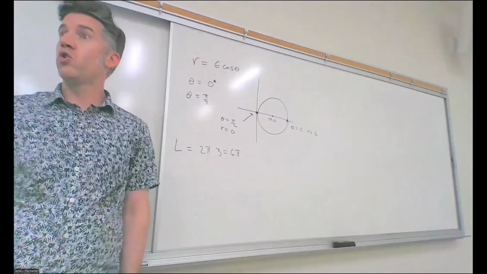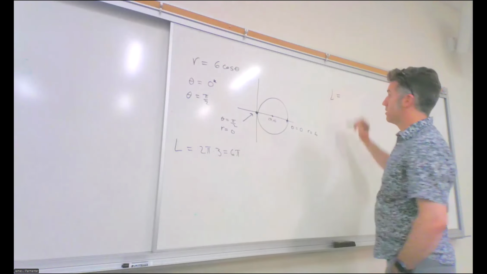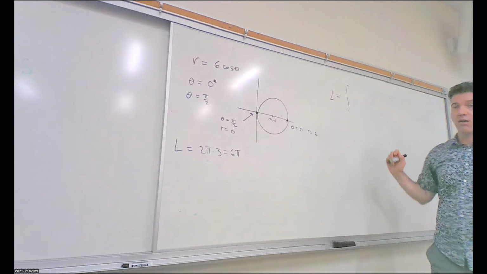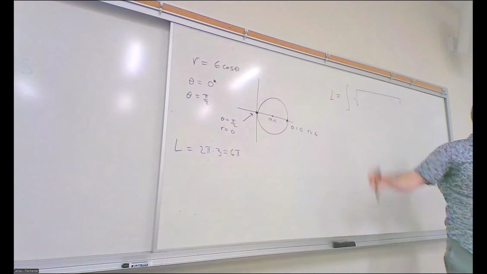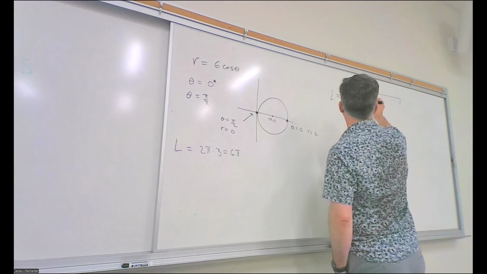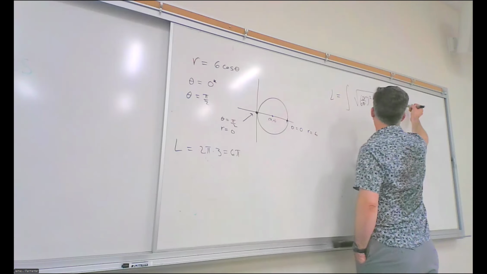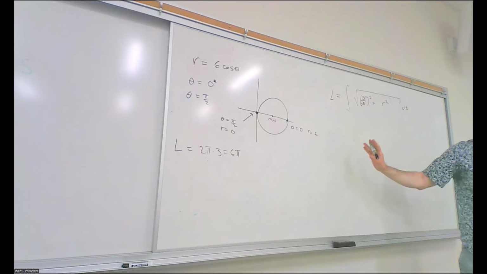So one should be able to show that the arc length is the integral, we'll talk about the limits of integration in a second, of the square root of (dr d theta) squared plus r squared. Well, this one's not going to be terrible. I should have started with this.